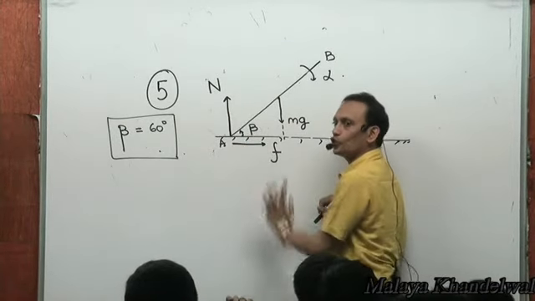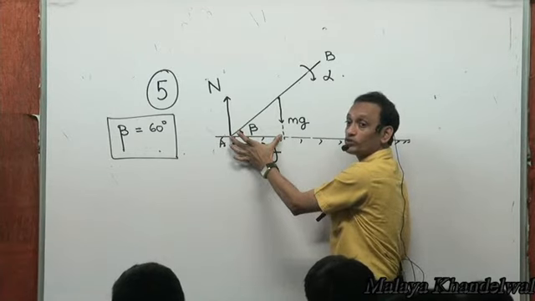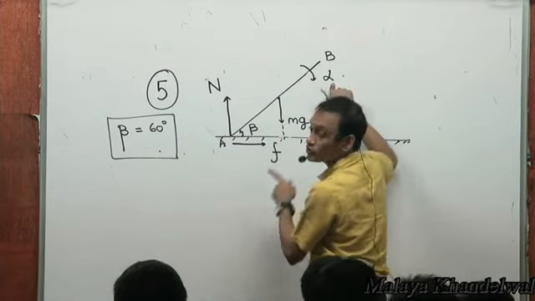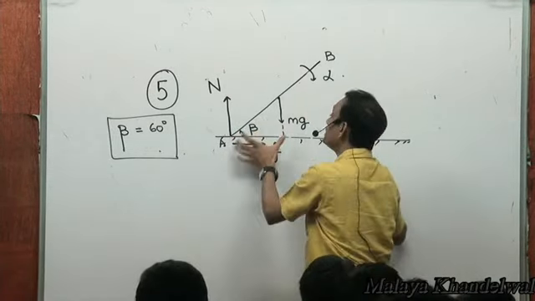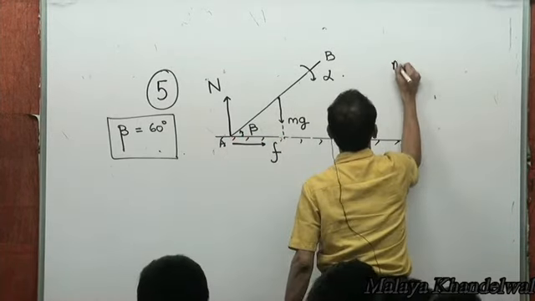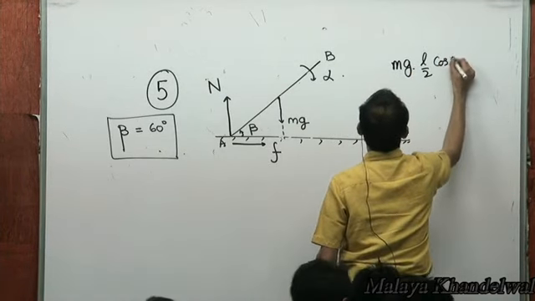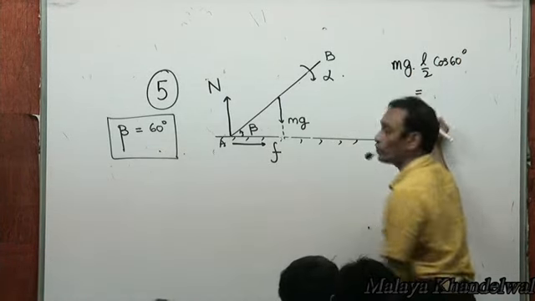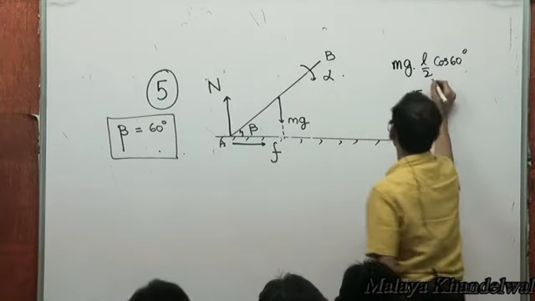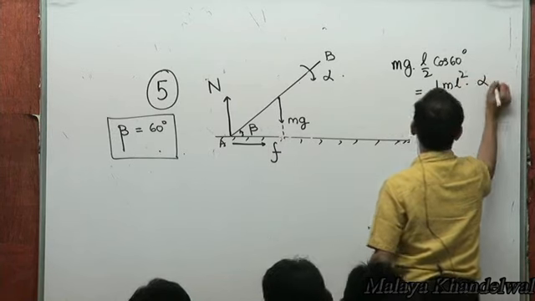F and N produce no torque about A. mg into this length is the torque about A. That will be the clockwise torque producing clockwise alpha. So mg into L by 2 cos beta is I about A. What's I about A? 1/3 ml squared into angular acceleration alpha.